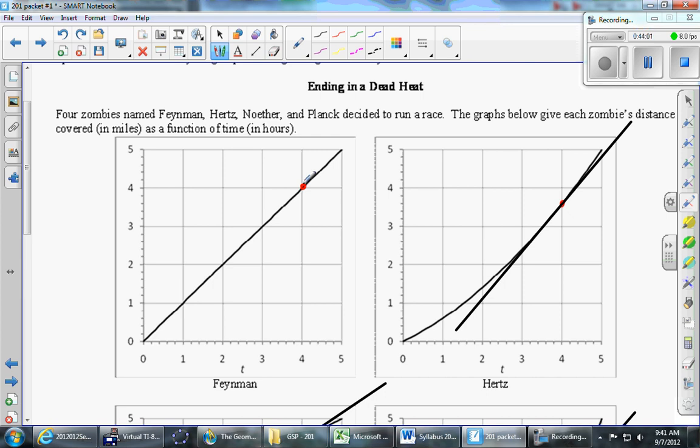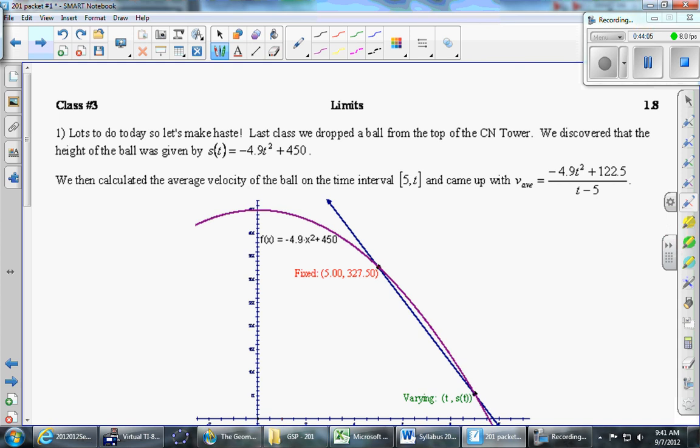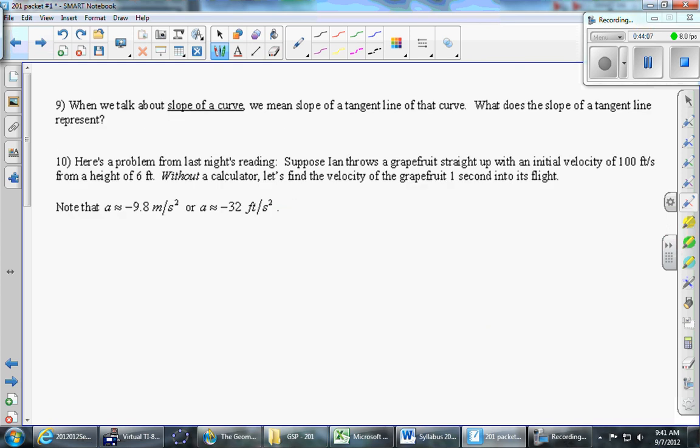Okay, let's go back and we'll jump to the next page. And we'll go up to number 9. Ernie. So I feel like we've written this a couple of times. What does the slope of the tangent line represent? Instantaneous velocity.